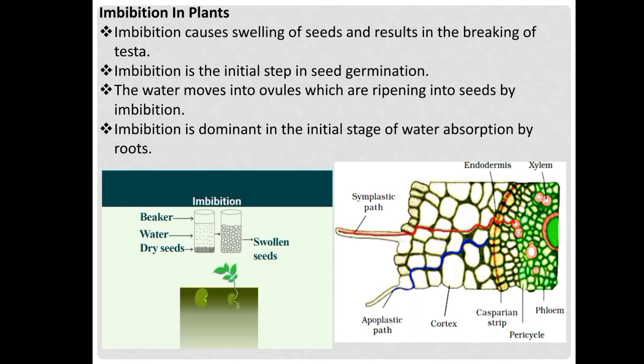Also, the imbibition pressure is helpful in seed germination, growth of the seedlings through the soil, and ascent of sap in plants.